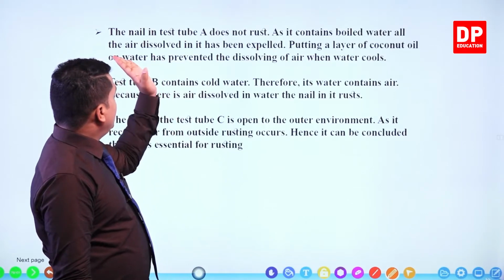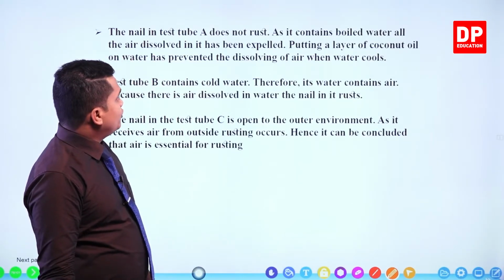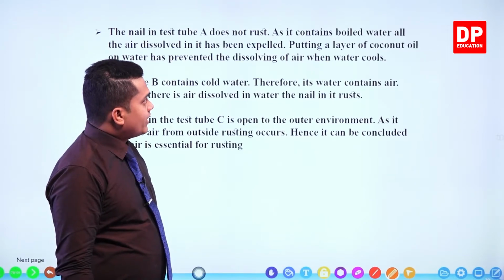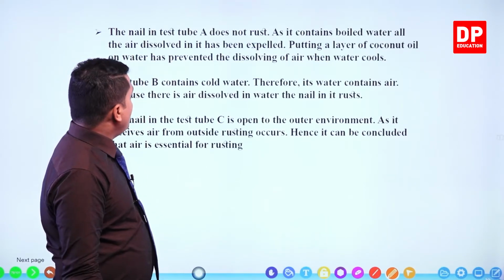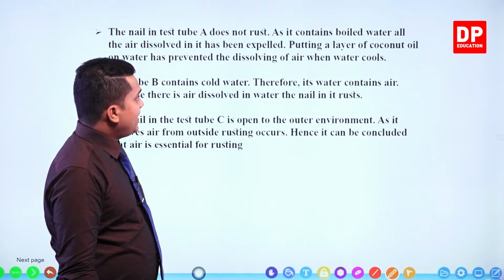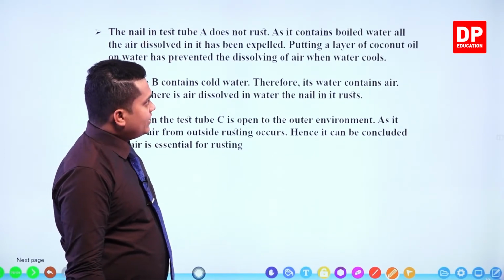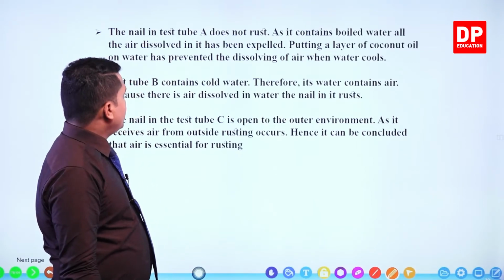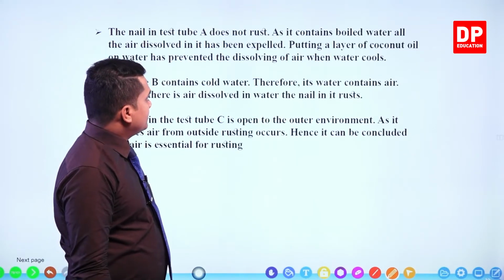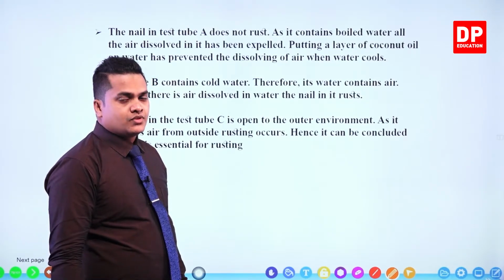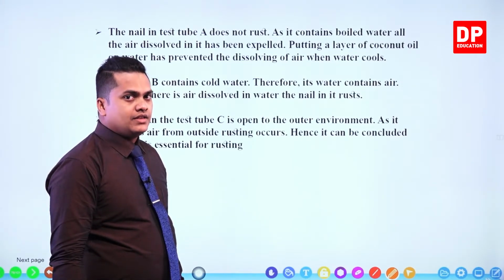The iron nail in test tube A does not rust as it contains boiled water. All the air dissolved in it has been expelled, evaporated, right? Putting a layer of coconut oil on water has prevented the dissolving of air when water cools. I have explained this earlier, right?